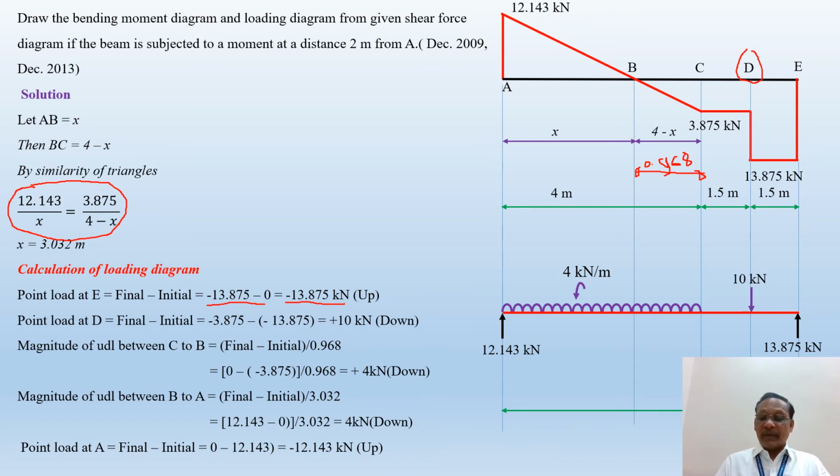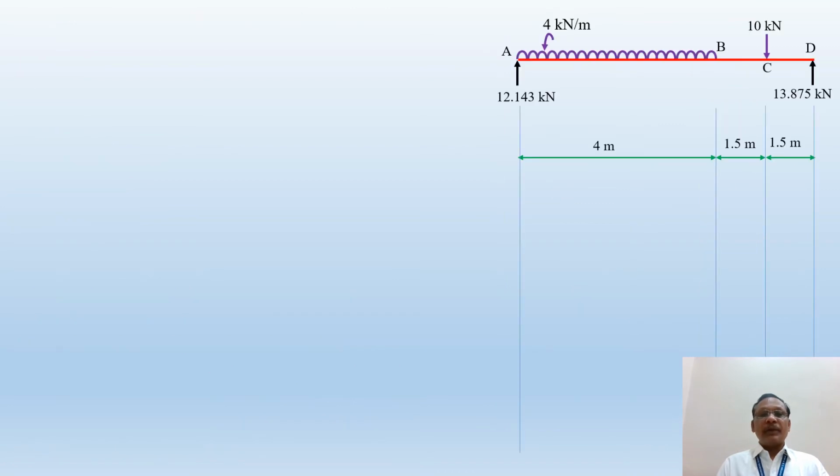That's why we want to check sigma Fx, sigma Fy, and sigma M. First of all, you apply sigma Fx equal to 0. Again, looking at the drawn beam diagram, there is not a single force acting on the beam in the x direction, so sigma Fx is not applicable.